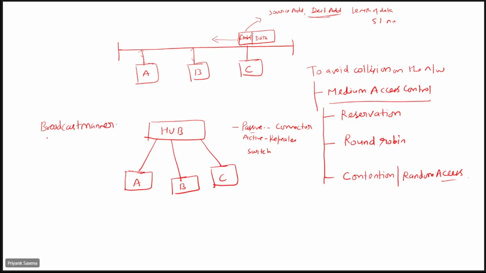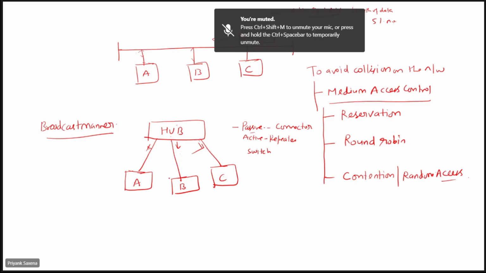If you remember the bus LAN, a transmission made by a particular station will be received by all other stations connected on the LAN. Similarly here, if I talk about this hub, which can be an active hub, station A transmits to C, so it will first go to this central place, the hub, and then the hub broadcasts it on all the outgoing links except the incoming link.